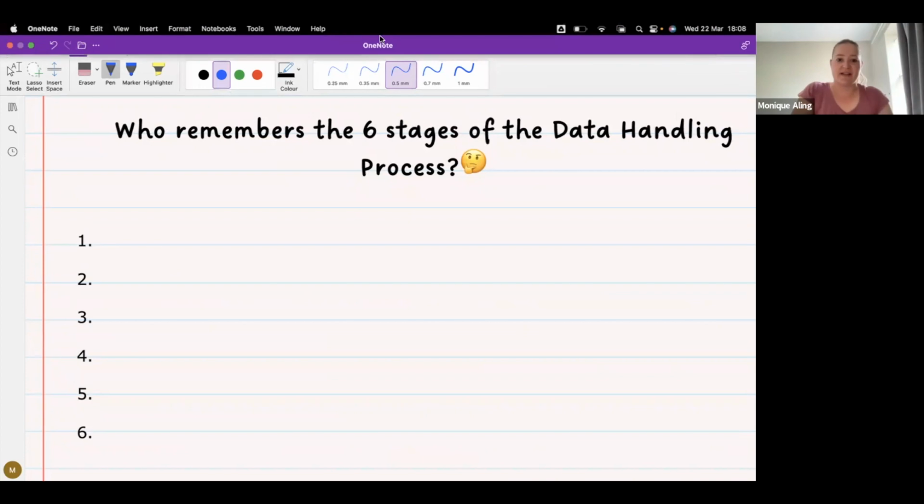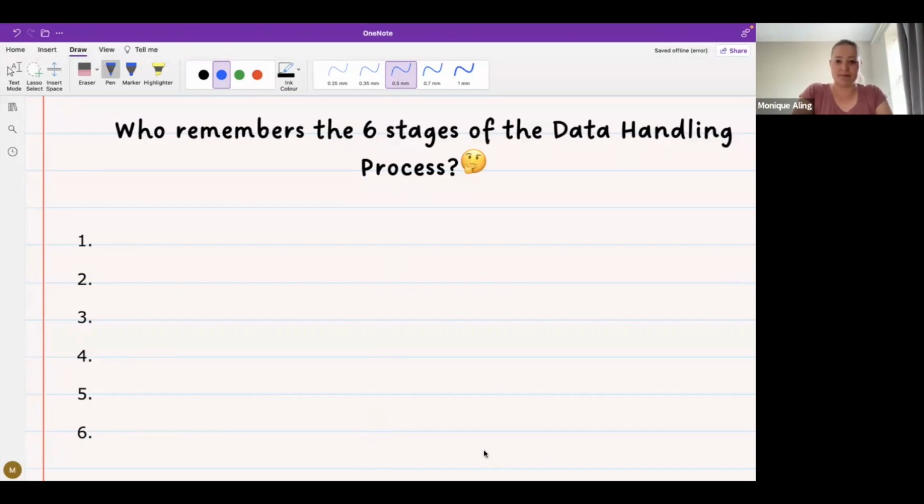Who can tell me what our first step in the data handling process is? Anyone want to raise a hand and let us know?